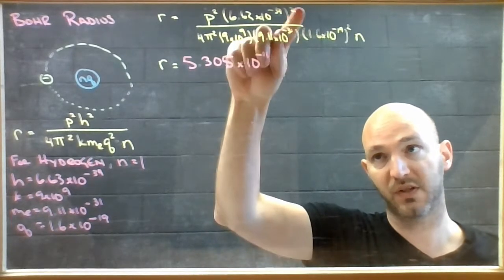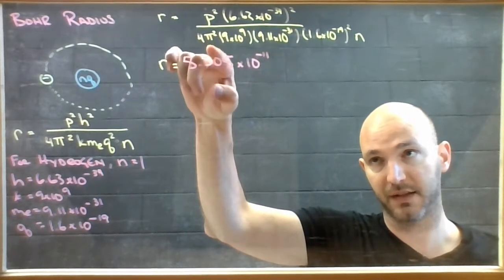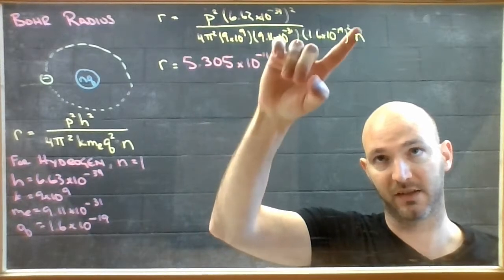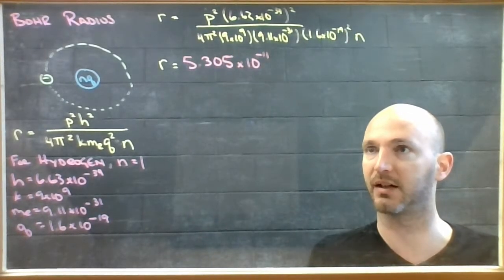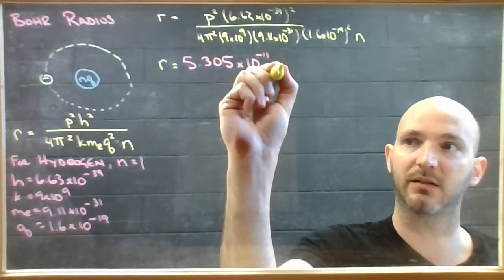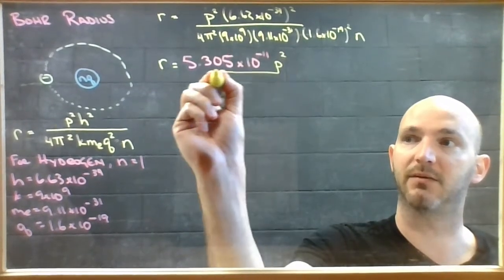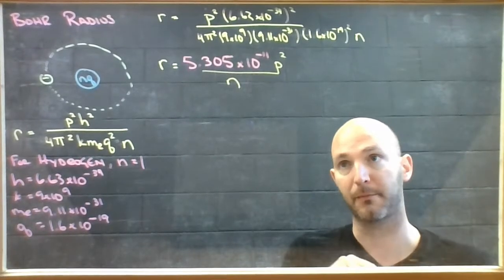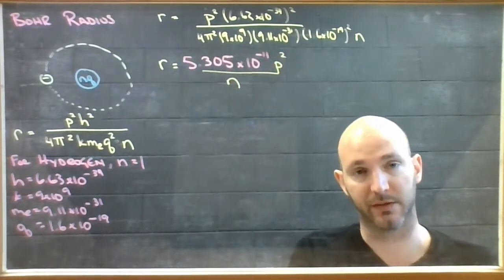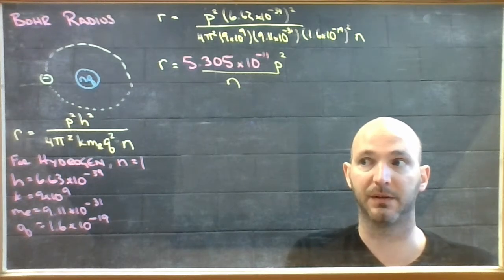So this number squared divided by this, divided by this, divided by this, divided by this, divided by this squared gives me that number, and I still have some letters left there. I still have a p squared, and I still have an n. So there we go. I've done most of the work for you now.